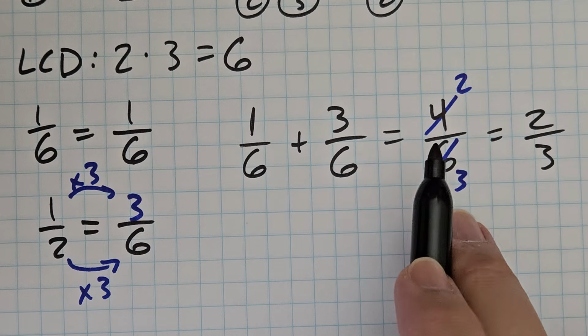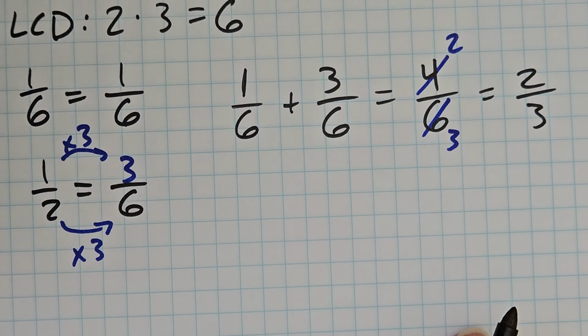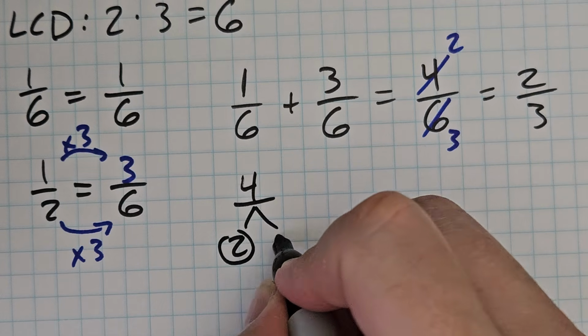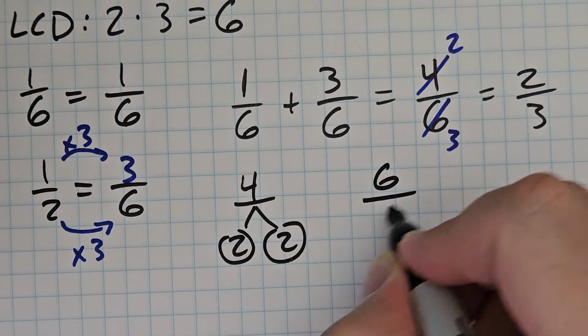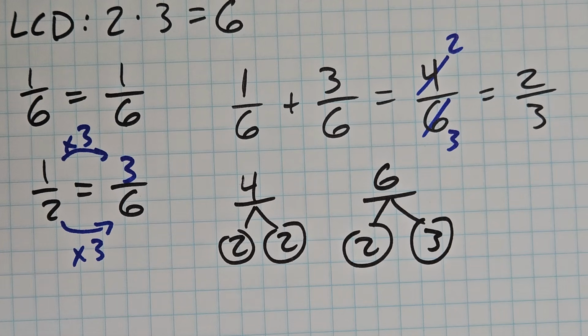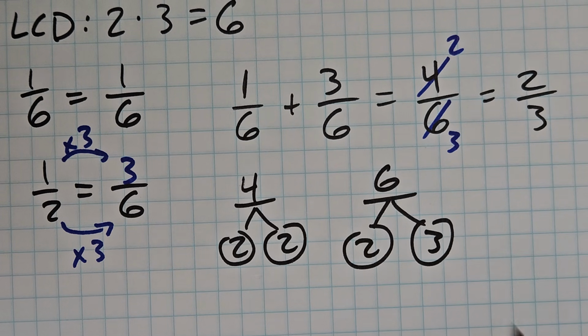Let me show another way to do this reducing of the 4/6, and that is again with prime factorization. We already did the prime factorization of 6, but it's quick. I'm just going to write it again. And so here's how we use prime factorization to reduce. I'm going to cancel out any prime factors that they have in common.